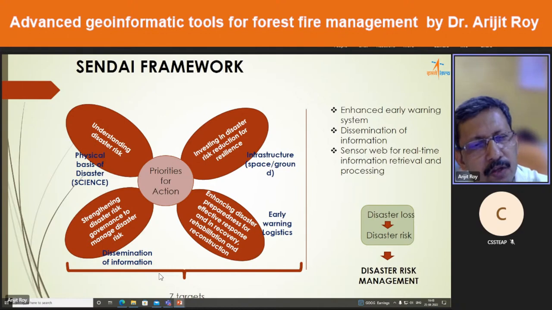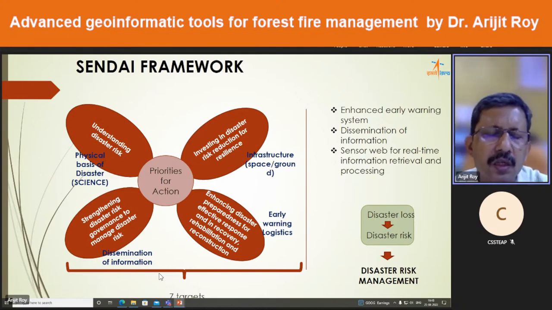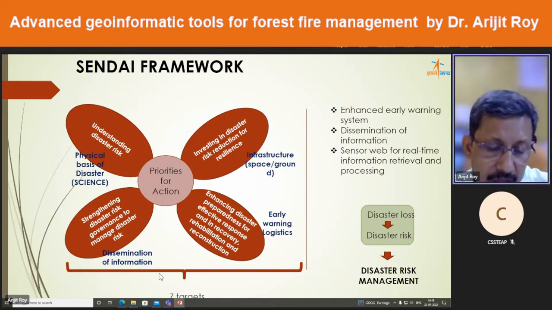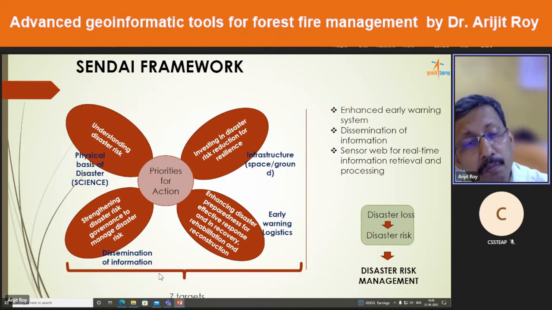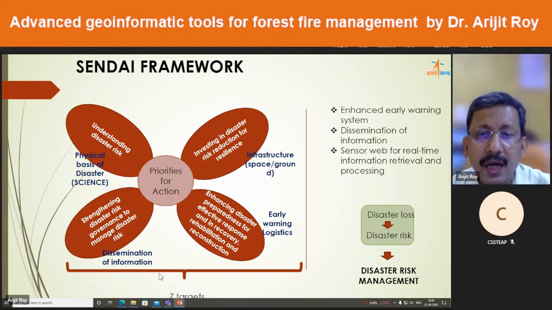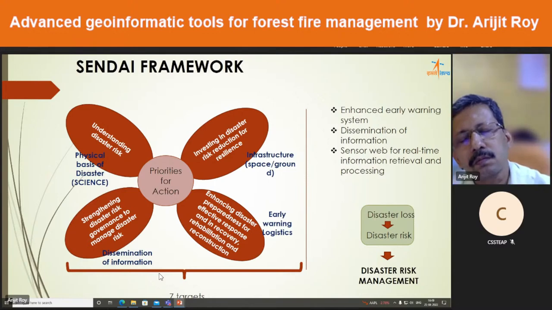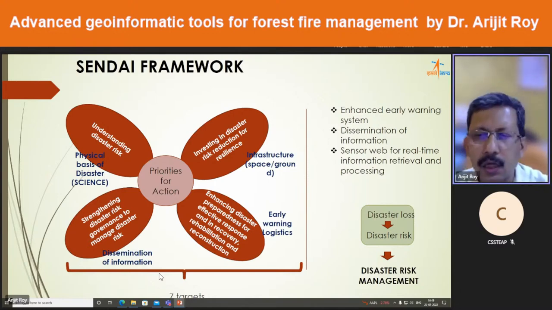When we talk about governance, it's basically availability of timely information, so it translates to development and dissemination of information. And then enhancing disaster preparedness for effective response, and recovery, rehabilitation, and reconstruction, which basically translates to a robust early warning system and logistics.